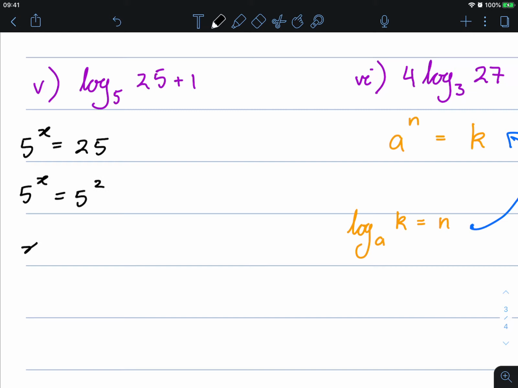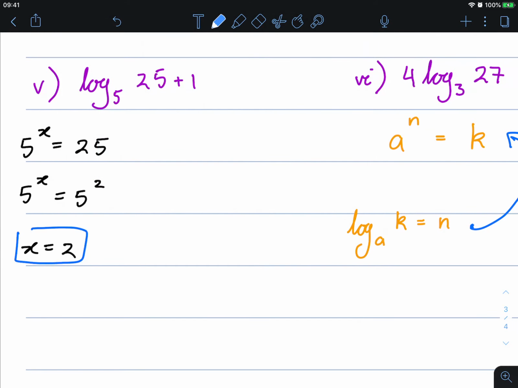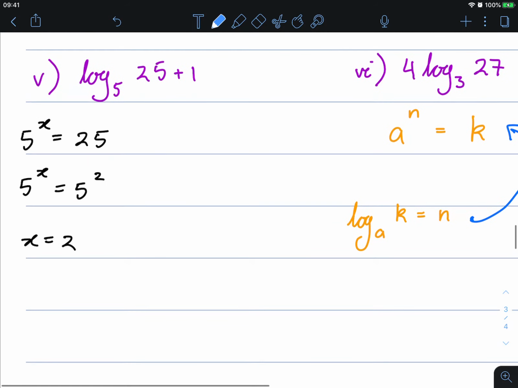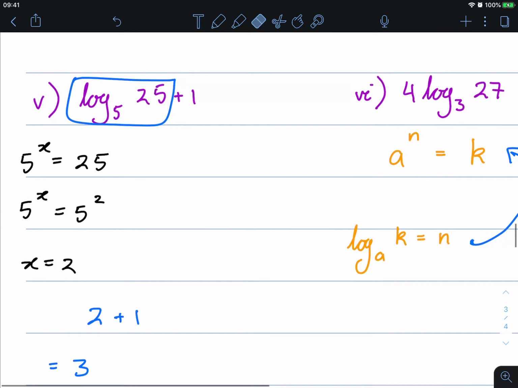And by observation, x equals 2. In this solution, we substitute back. So this becomes 2 plus the original one equals to 3. So all of this is equal to 3.